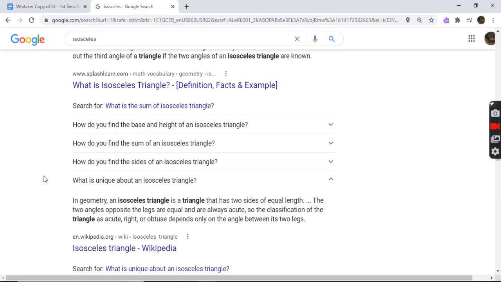The classification of the triangle as acute, right, or obtuse depends only on the angle between its two legs.